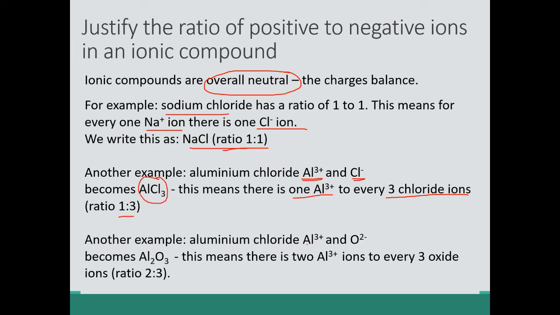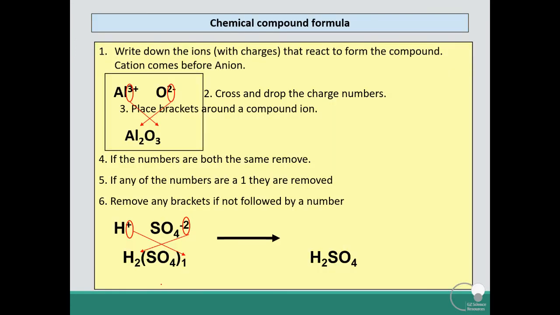Another example is aluminium oxide. The oxide is a 2 minus. So we get a ratio of 2 aluminium, which is 6 plus, and 3 oxides, which make 6 minus, to make it cancel. This one is the most difficult it gets: a ratio of 2 to 3.